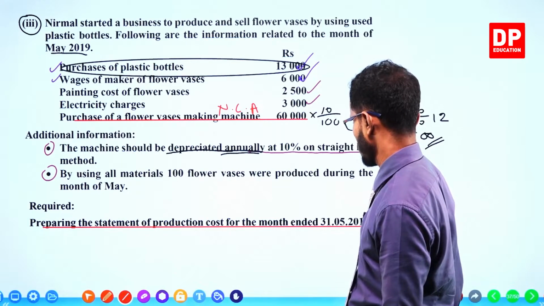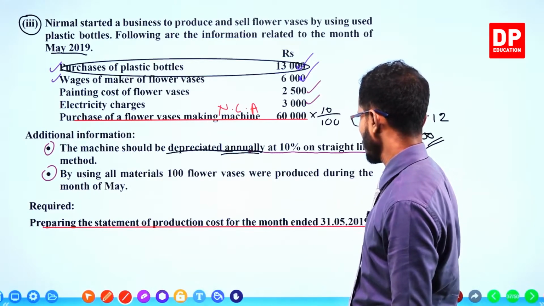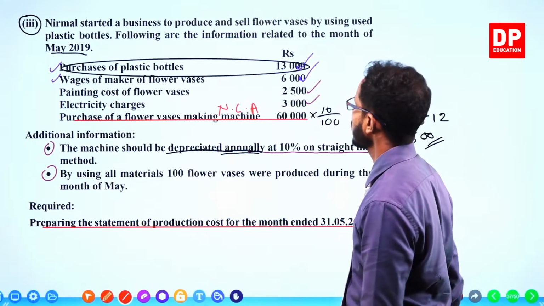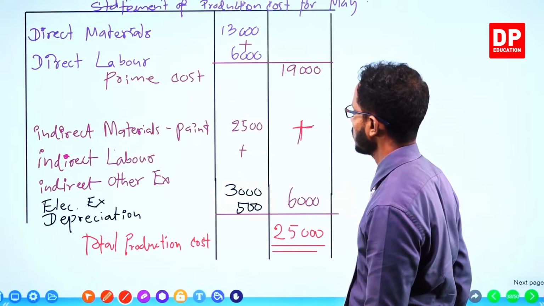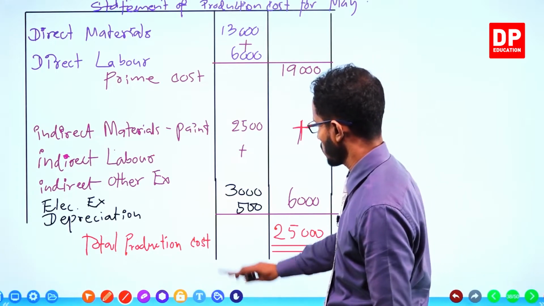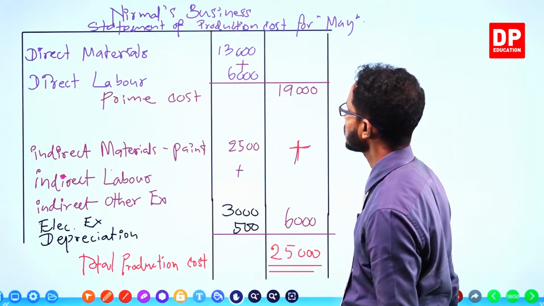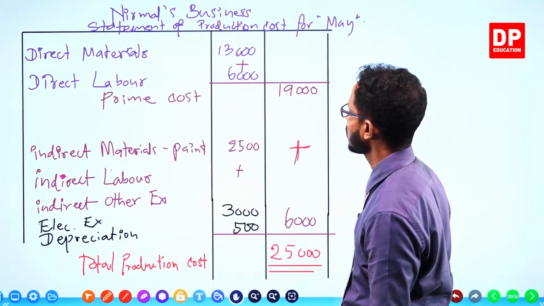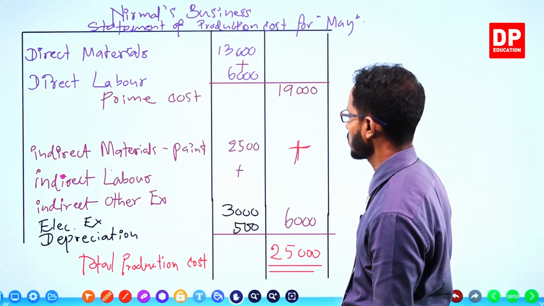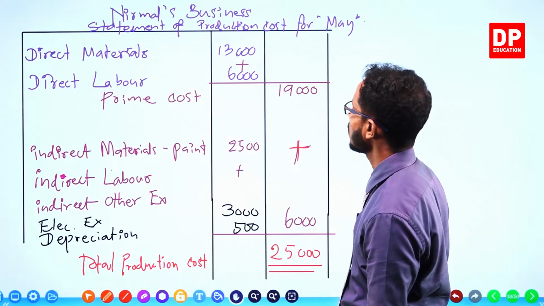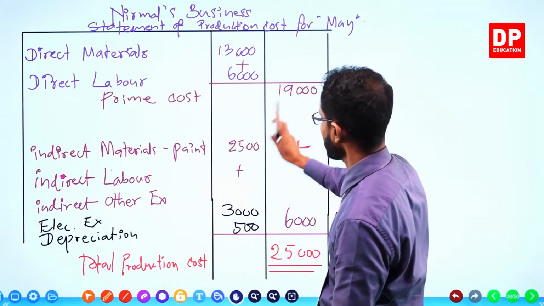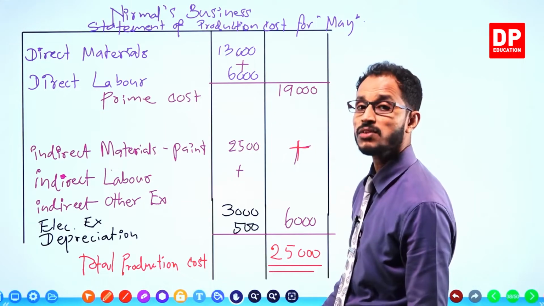And we did it for the month ended 31st May. Okie dokie. Can you see this fully visible? All right. You have to write prime cost 19,000, and for the 6,000 you have to write overhead cost.